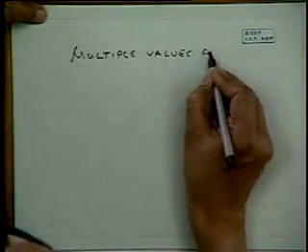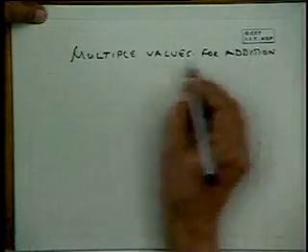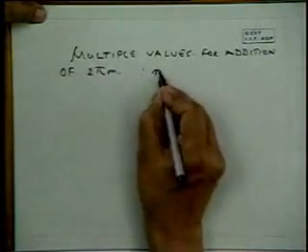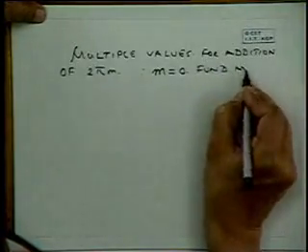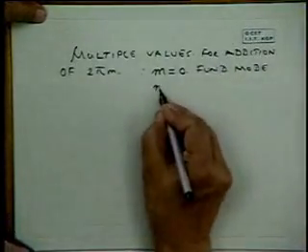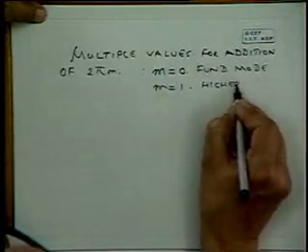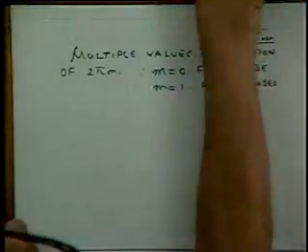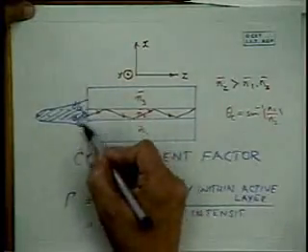If you have a tan value and you add another 2 pi m, you get the same values, and m equal to 0 gives you the fundamental mode. m equal to 1 gives you a higher mode, etc. So these are modes which describe the variation of the electric field in this direction.